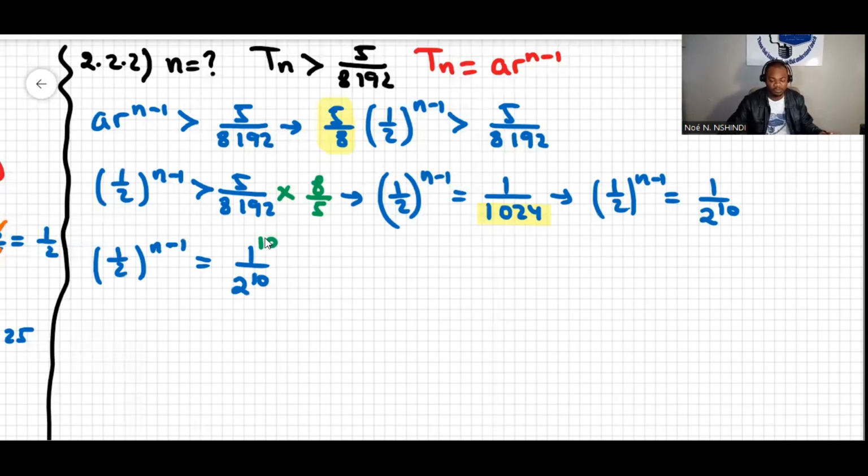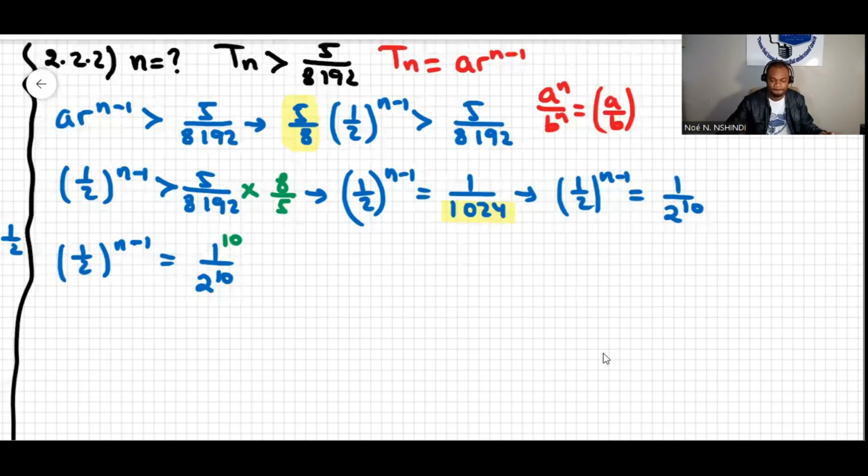Because one of the properties, which I'm going to write over here, says a to the n over b to the n equal to a over b, to the n. So this is what I'm going to apply here. This is just a half to the n minus 1 equal to 1 over 2, to the power of 10.